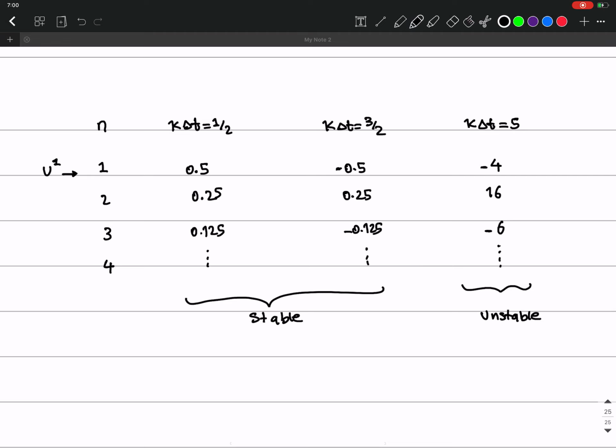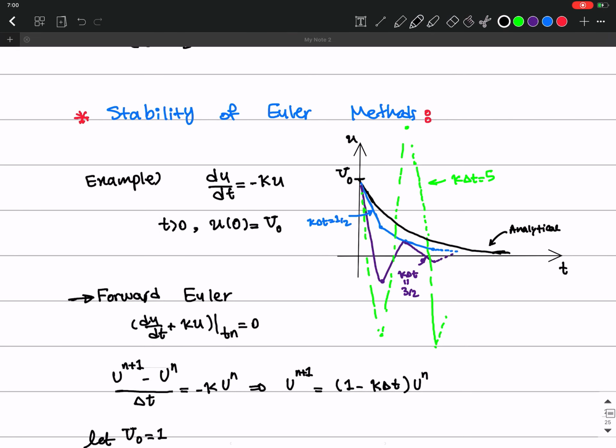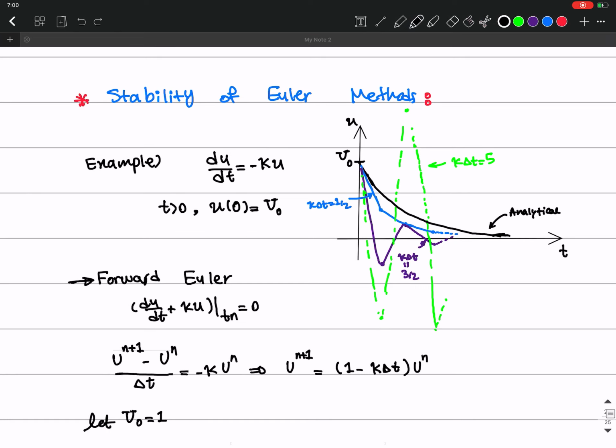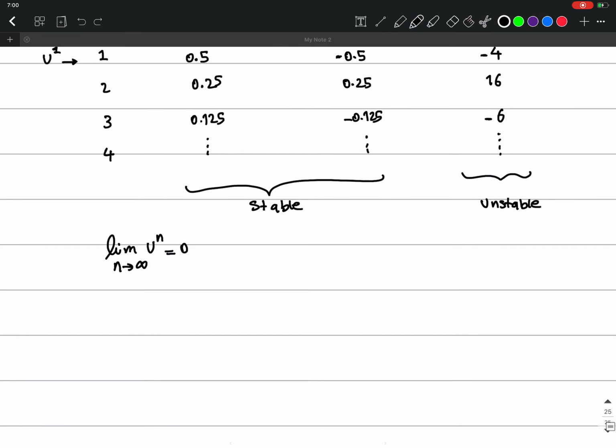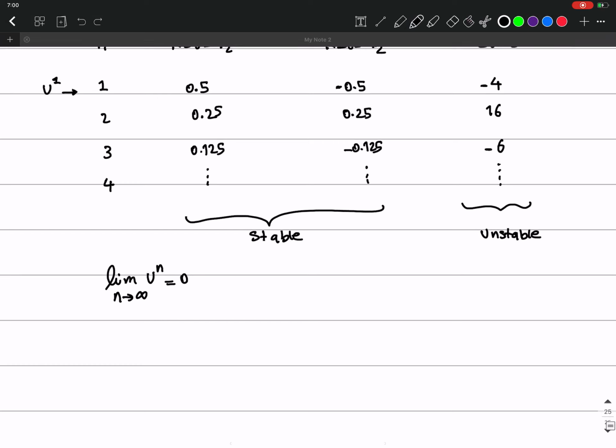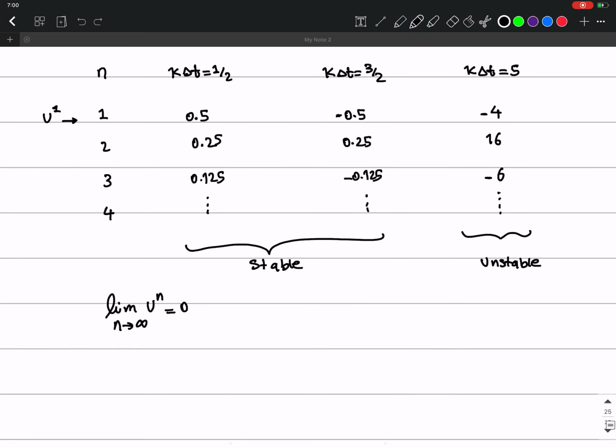Okay. So as you see, from the analytical solution, we expect that as n goes to infinity, u_n becomes 0, right? So from the analytical solution, it should go to 0. So let's see why this is the reason, and whether we can formulate it and find a criterion for stability for this forward Euler method.